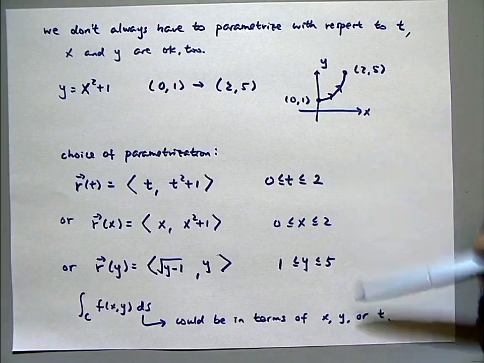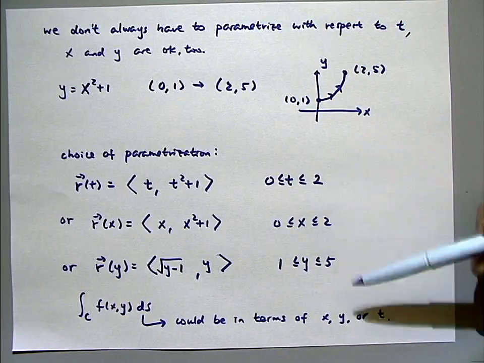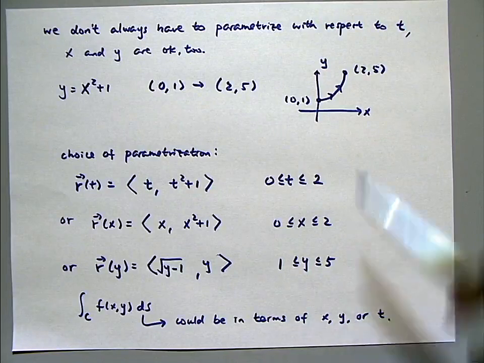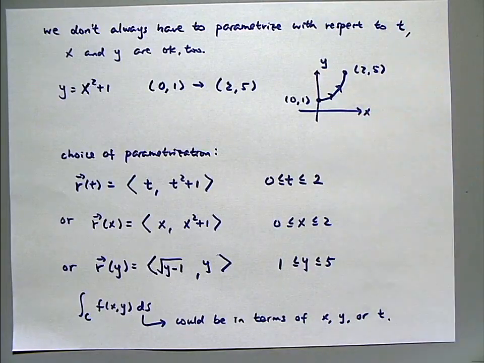These are not the only 3 choices. You can parameterize essentially in any way you want, as long as you can somehow reproduce that curve. Here's an example of an integration using x and y as the parameter.